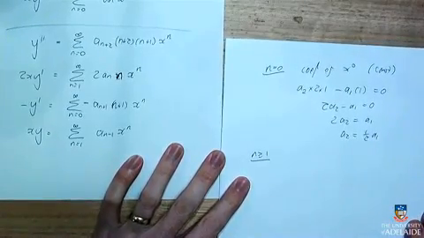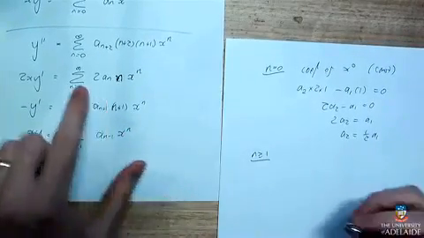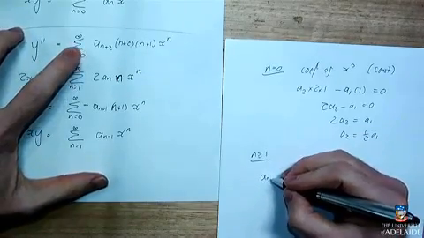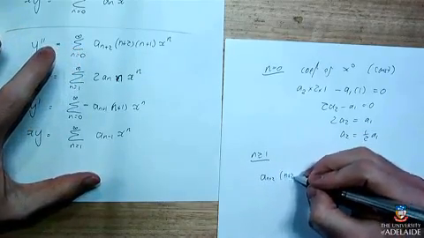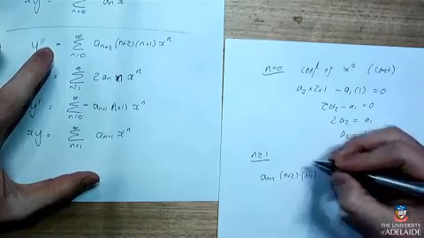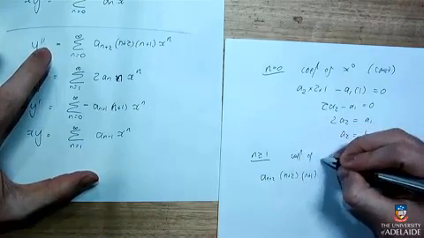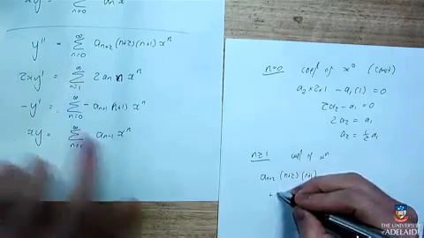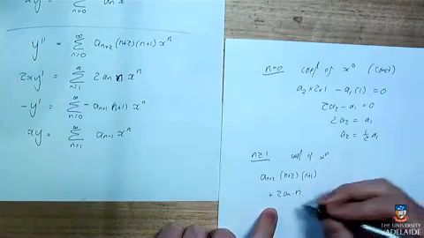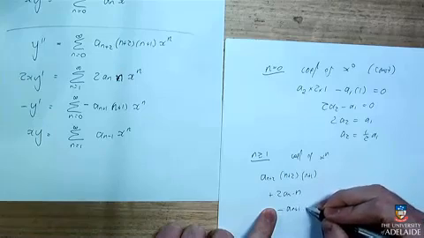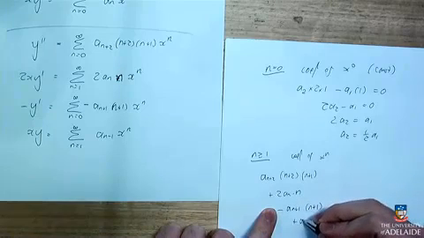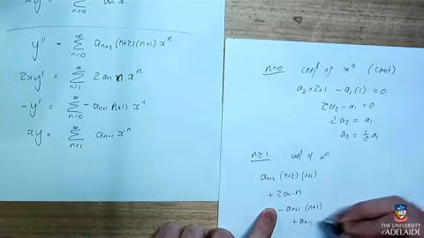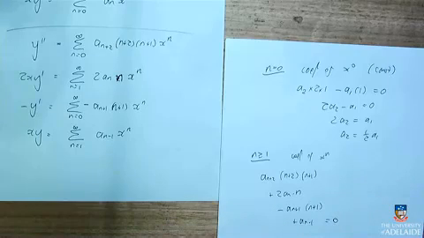So when n is greater than or equal to 1, I've got n plus 2, n plus 1 as the coefficient of x to the n, plus 2an times n minus an plus 1 times n plus 1 plus an minus 1 is 0. Because all the coefficients are supposed to be 0.